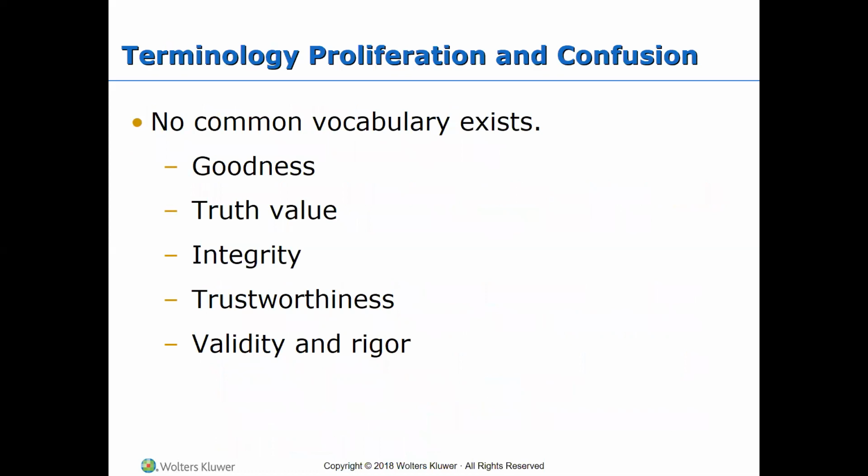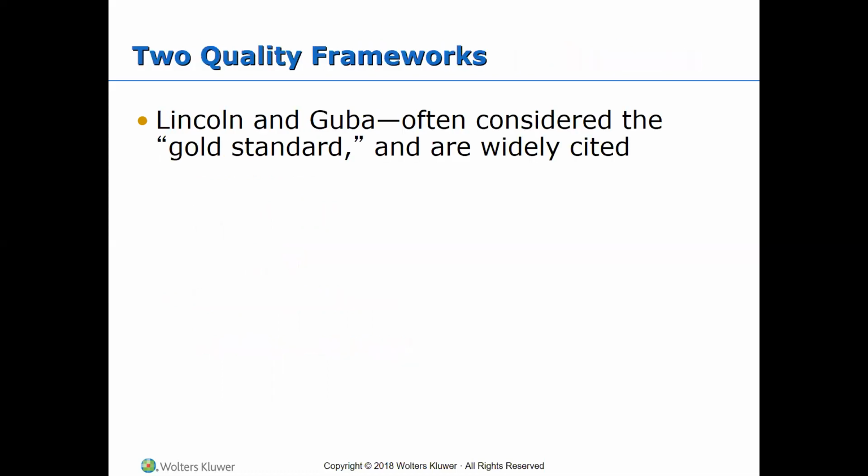Some of the terminology that's used are something called goodness. There's goodness of fit, truth, value, integrity, trustworthiness, validity, and rigor. These are all terms that a researcher will use to try to make their case for why their study is a quality study.